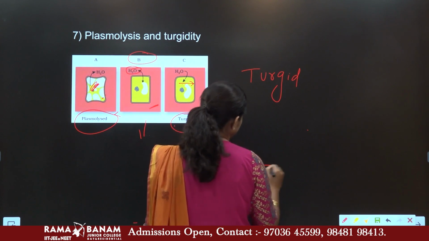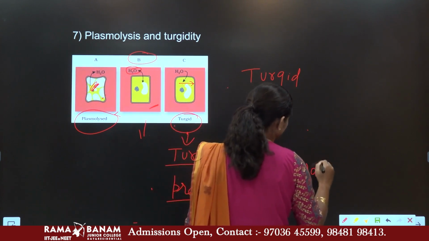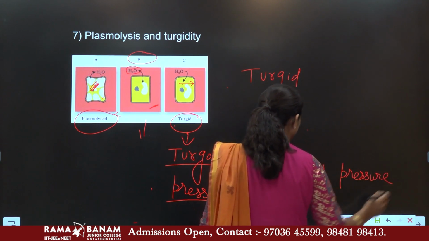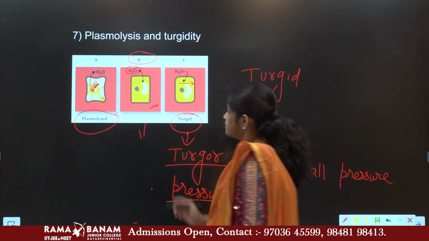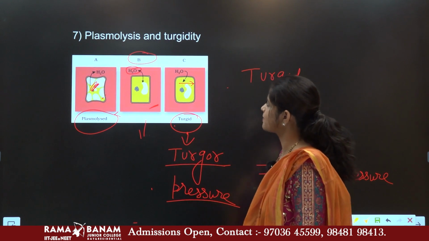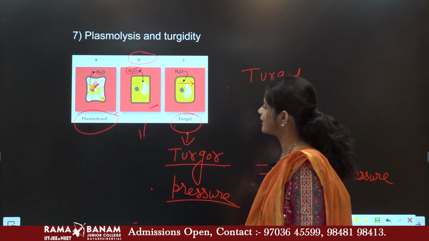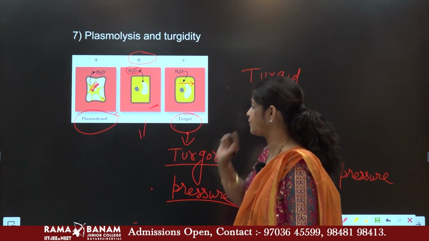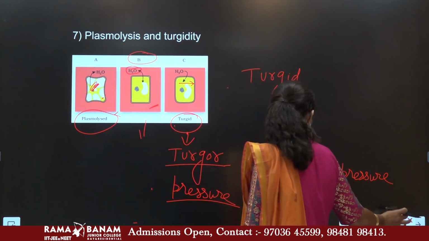So this is about the plasmolysis, turgidity and the flaccidity. Hypertonic, isotonic and hypotonic.